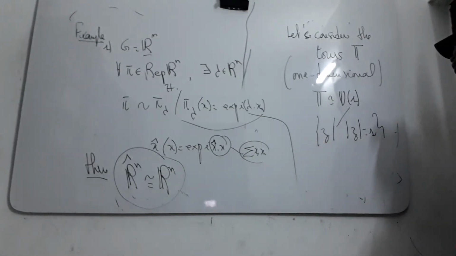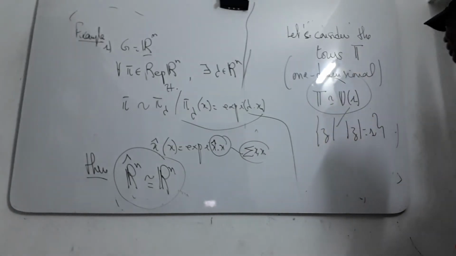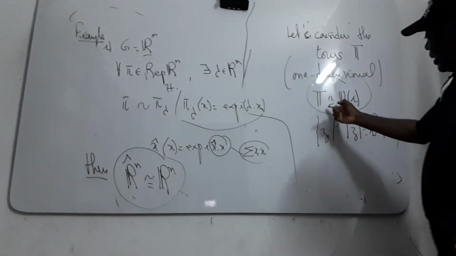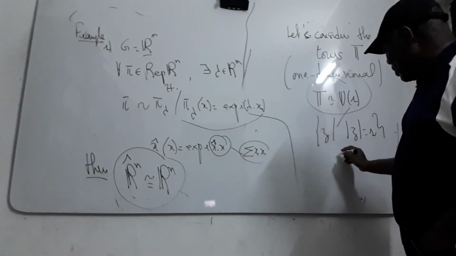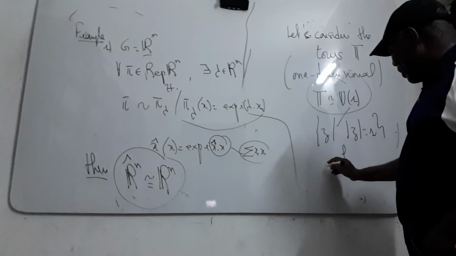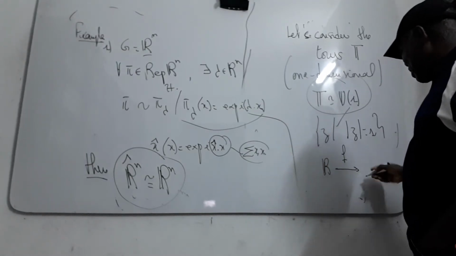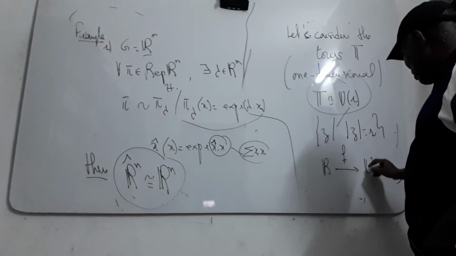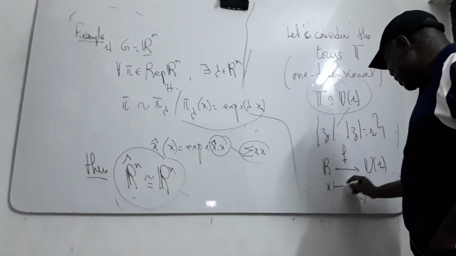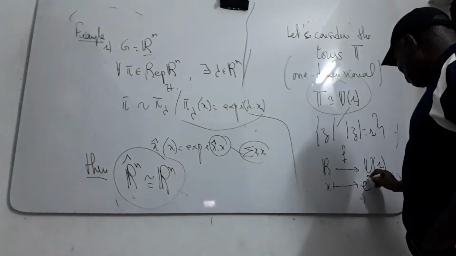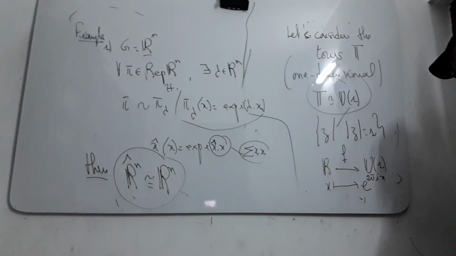We can prove it easily using the fact that if you consider this map of R into T, for all x, you get the exponential of 2 pi i x.